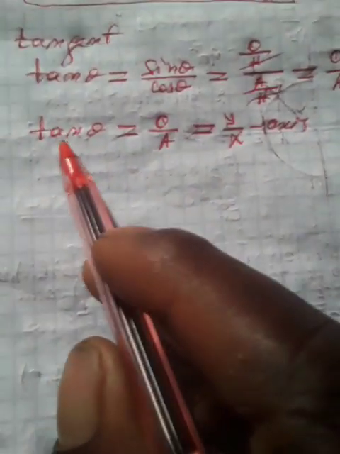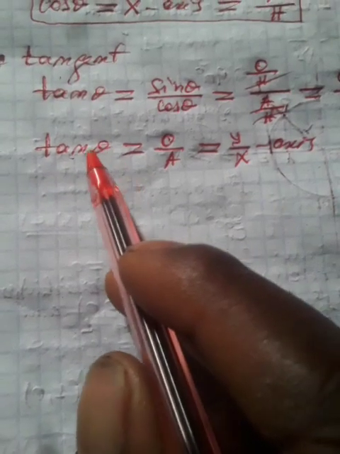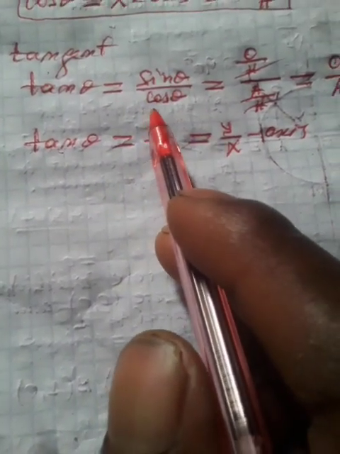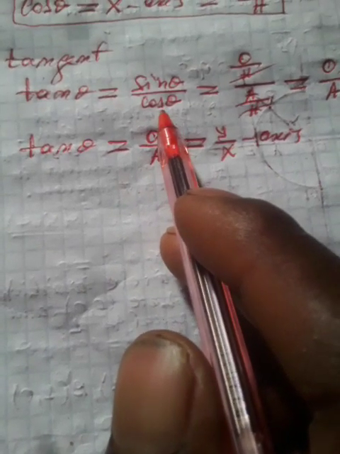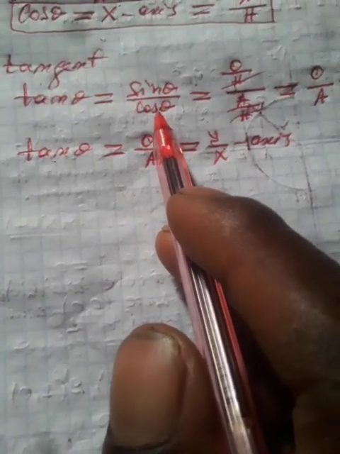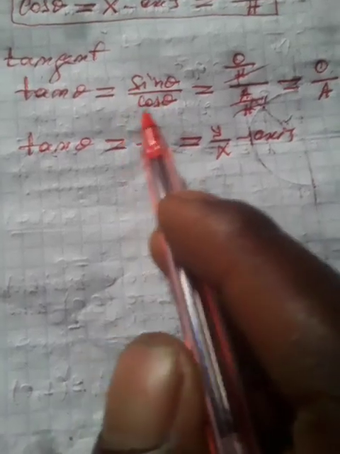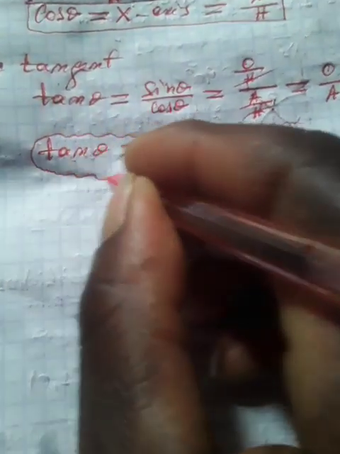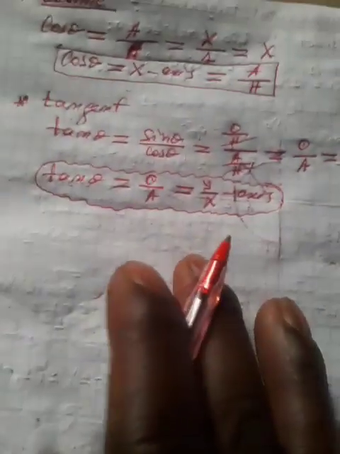To get the value of tan theta, we take sine theta divided by cos theta. This is the definition of tan theta.